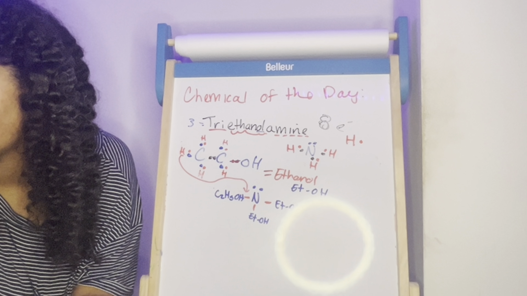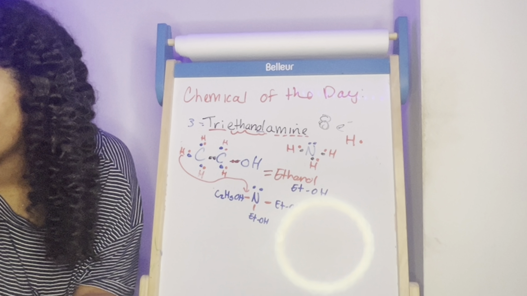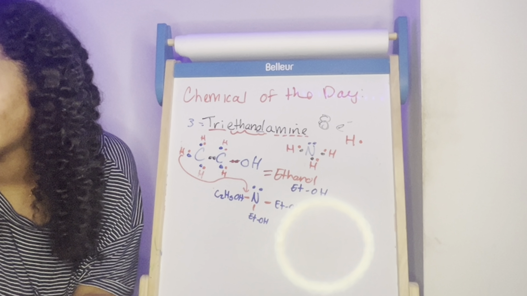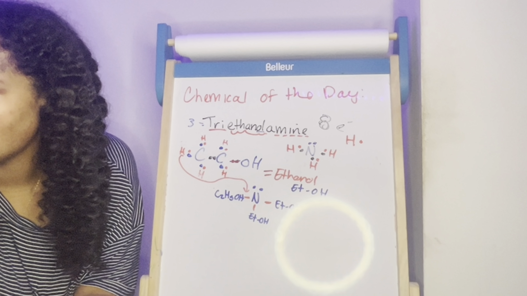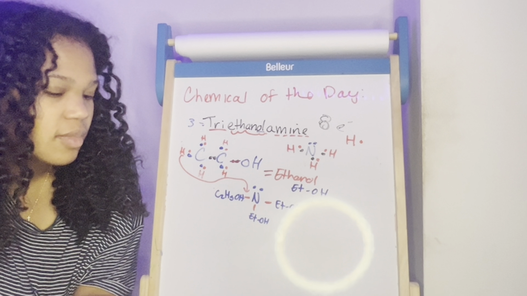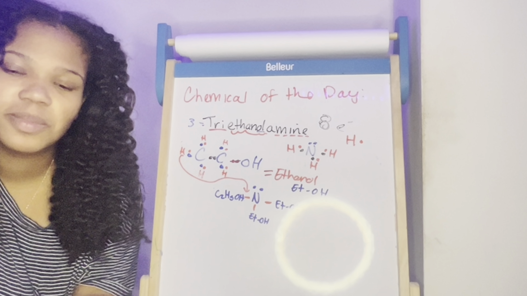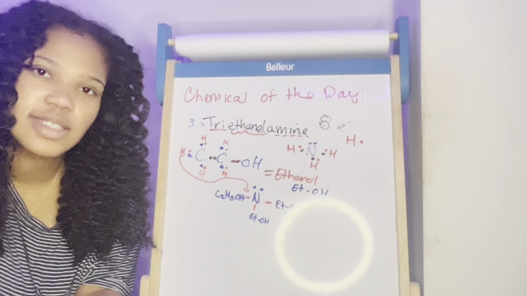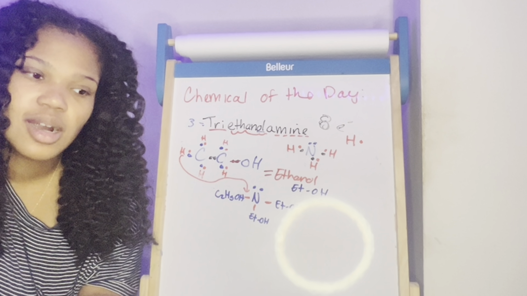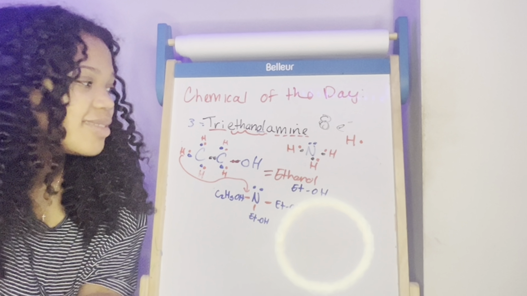A surfactant is just a compound that decreases the surface tension between two liquids, or a liquid and a gas, or a liquid and a solid. So in an easy way, a buffer is just an exchange between an acid and a base that keeps the pH consistent. That's the easiest way I can probably put it.